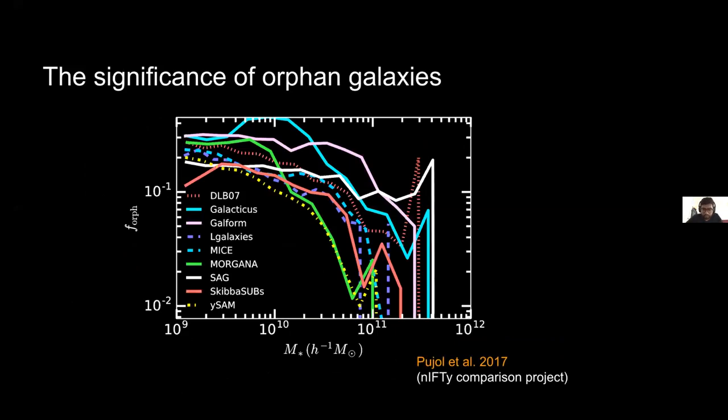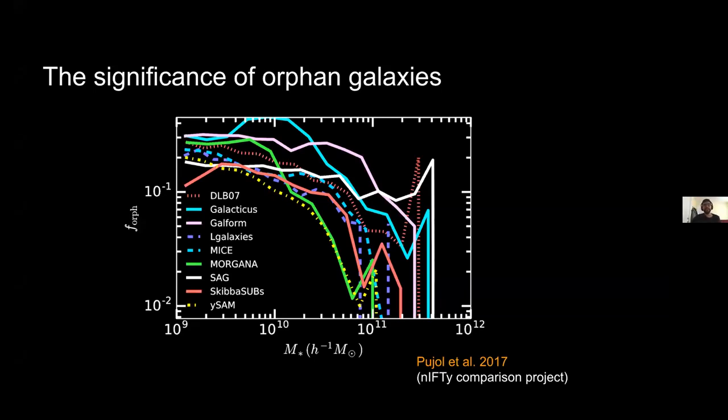Now, I mentioned orphan galaxies briefly, and this is, I think, a situation that is still not very well understood, and this is where the robustness of semianalytic models is perhaps throwing up more questions than providing answers. This is shown quite nicely in this comparison project of semianalytic models by Pujol et al., which shows the fraction of galaxies of a particular stellar mass that are identified as orphans, which, as I said, are these entities that no longer have a resolved dark matter halo.